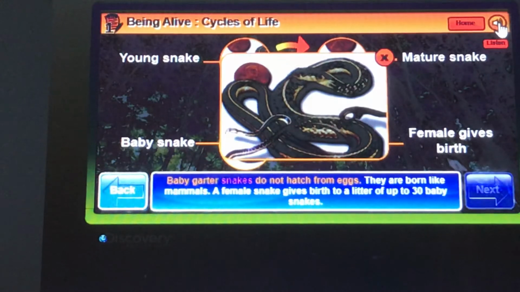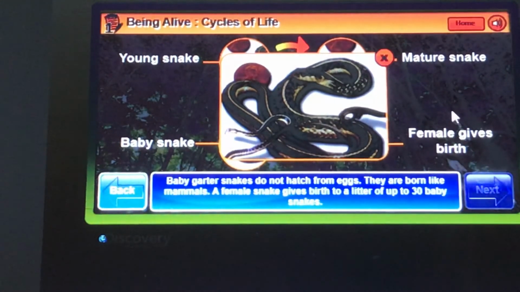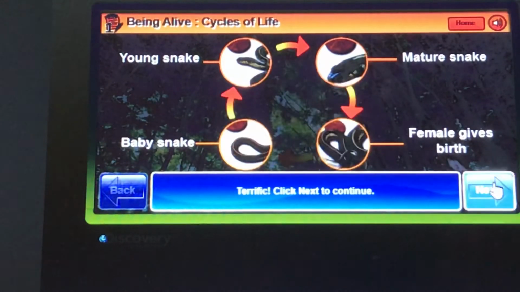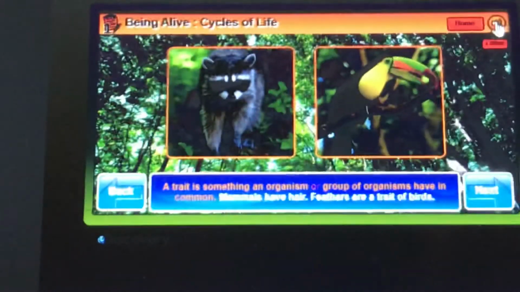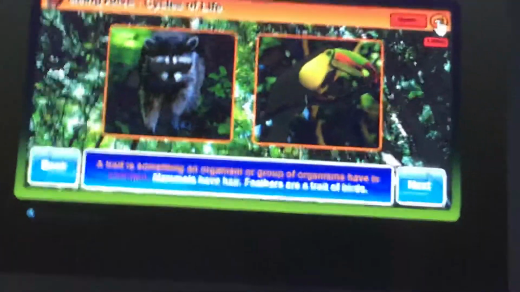Baby garter snakes do not hatch from eggs. They are born like mammals. A female snake gives birth to a litter of up to 30 baby snakes. A trait is something an organism or group of organisms have in common.